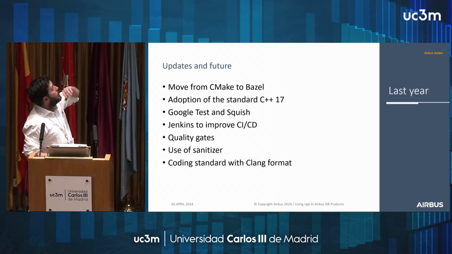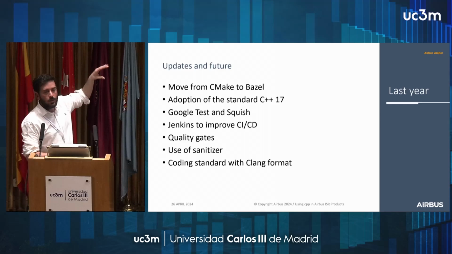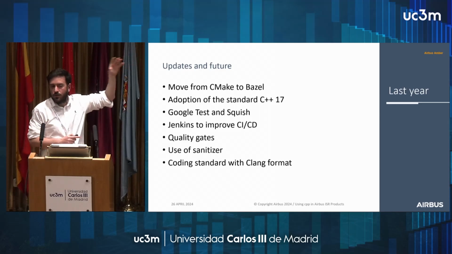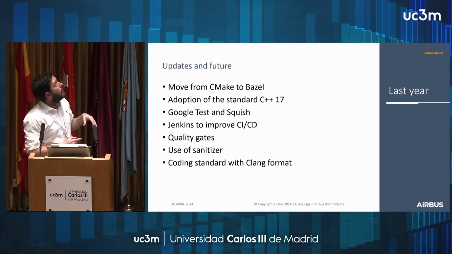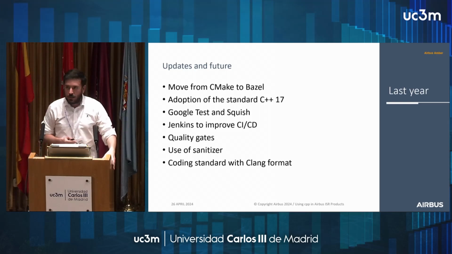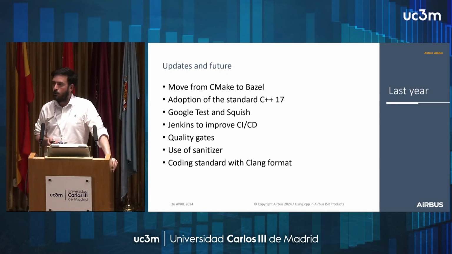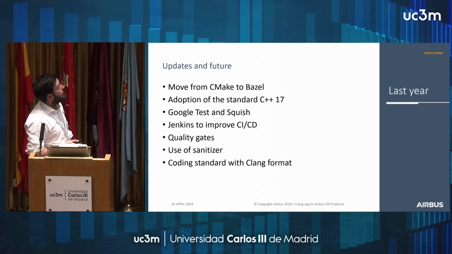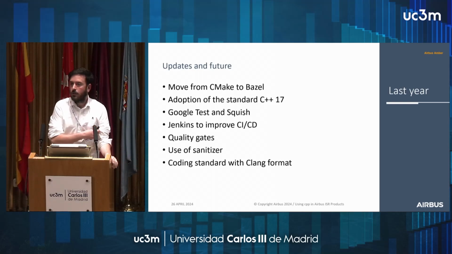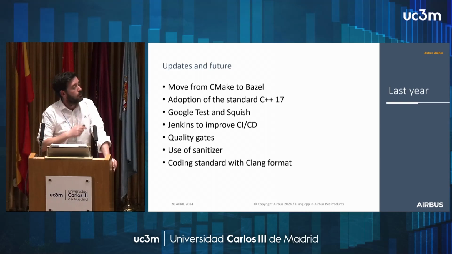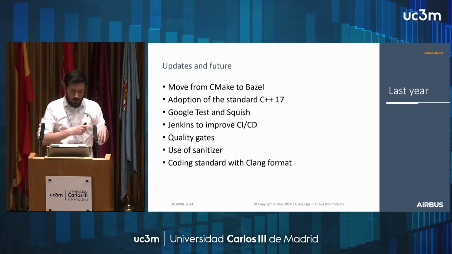For testing, we use Google Test and Squish. Squish for high-level tests, okay? And Jenkins to improve the continuous integration and continuous delivery process, okay? We can add to Jenkins quality gates and review of coding standard with Clang, okay?